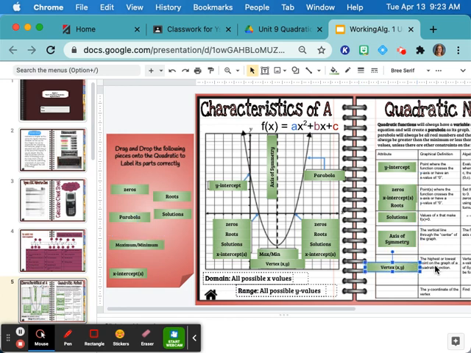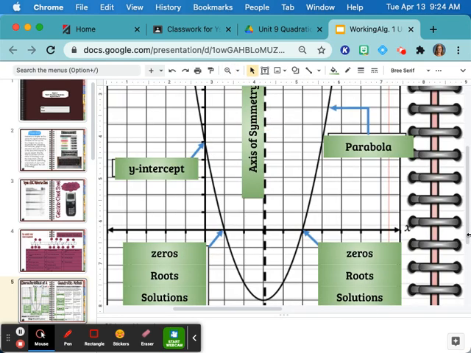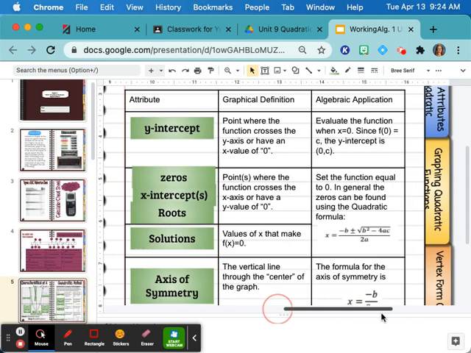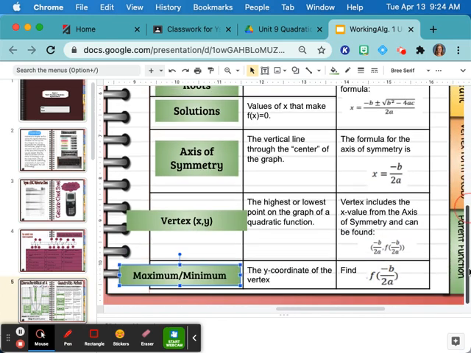But then the next one says just the y coordinate of the vertex. That's your maximum or minimum. So the vertex is written as a coordinate. Maximum or minimum is just written as a y value. So it's your highest or lowest y value is what a maximum or minimum is.